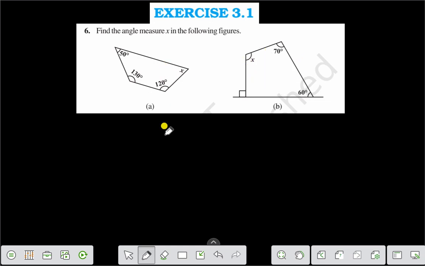And you know that the sum of the angles of a quadrilateral is 360 degrees, right? We will use this property, that is how we can solve it.